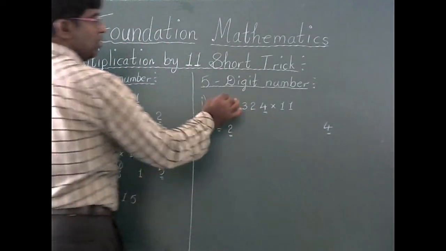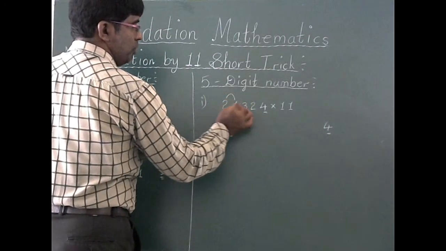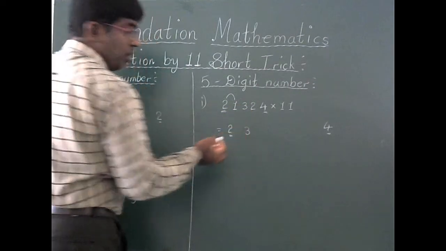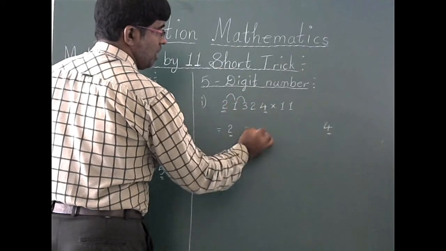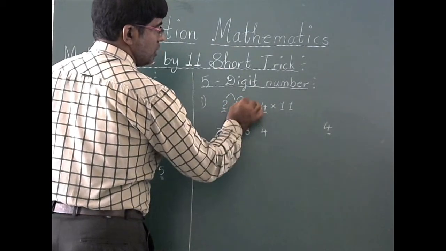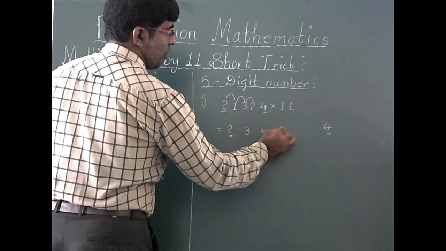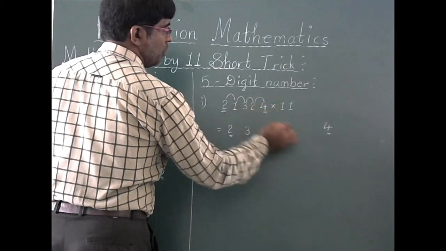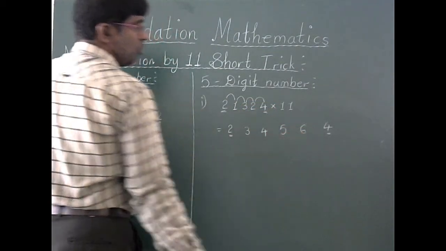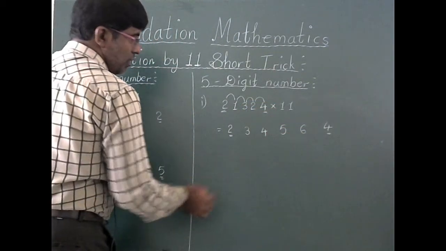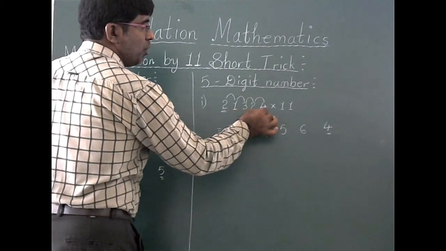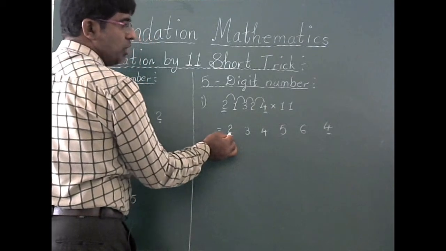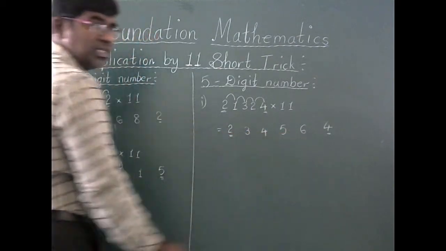Now we add: 2 plus 1 is 3, 1 plus 3 is 4, 3 plus 2 is 5, 2 plus 4 is 6. So 21324 into 11 is 234564.